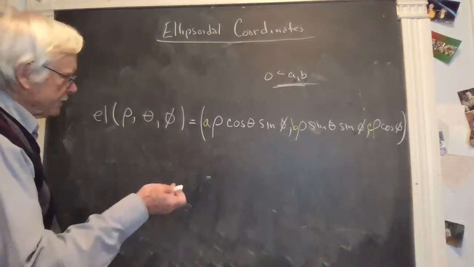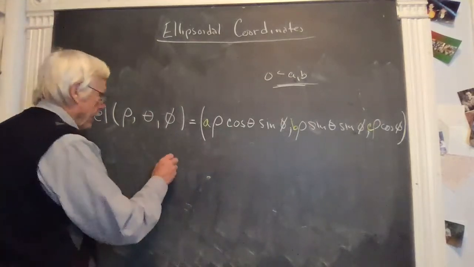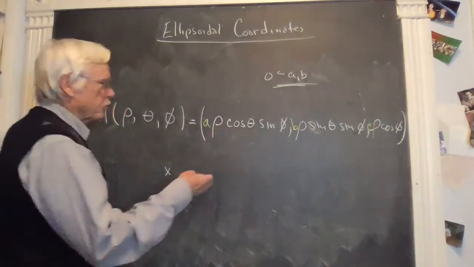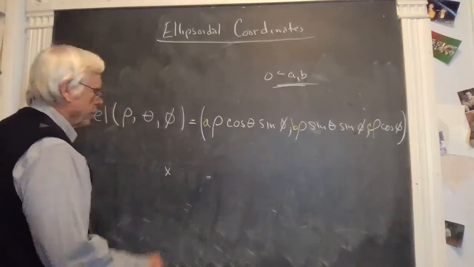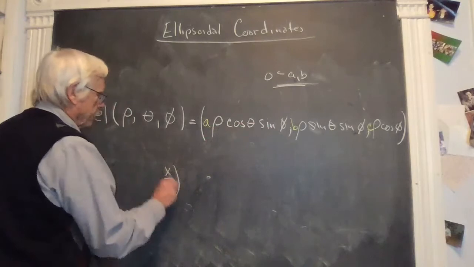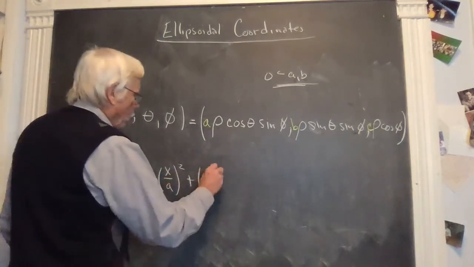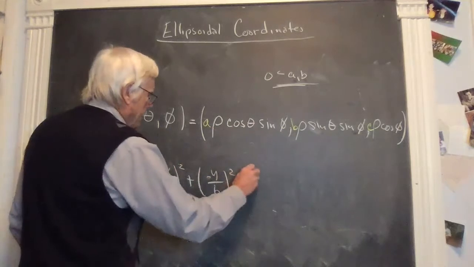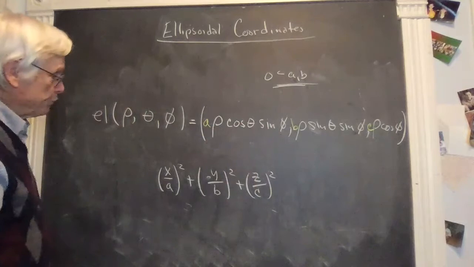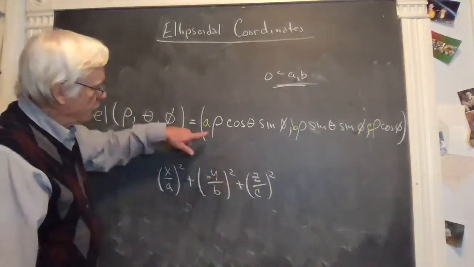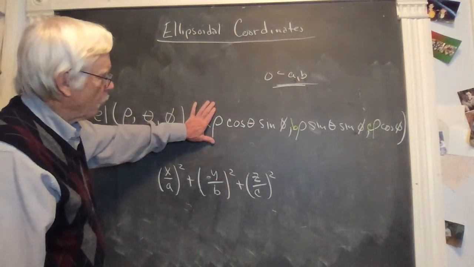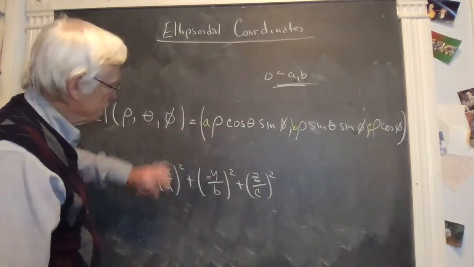And now, again, in the old one, we had x squared plus y squared plus z squared equals 1, or equals rho squared in spherical coordinates. But now, in order to take advantage of that arithmetic, you have to divide x by A, y by B, and z by C before you square. If you compute this, x divided by A is the old spherical coordinate quantity squared.